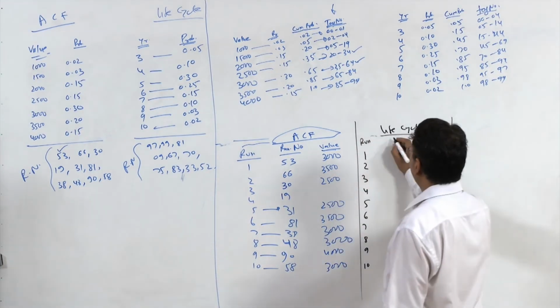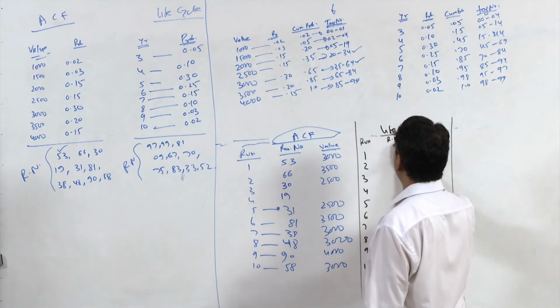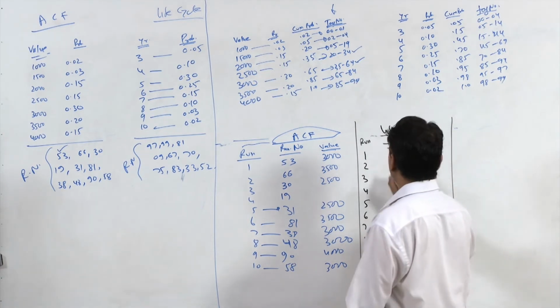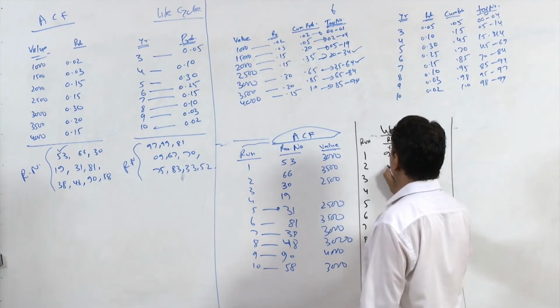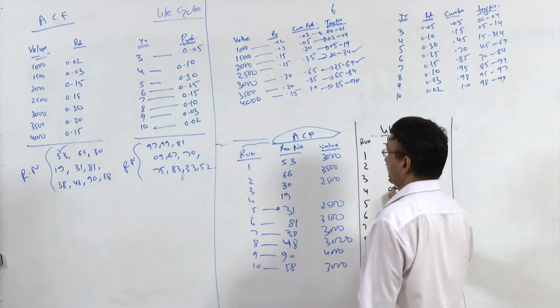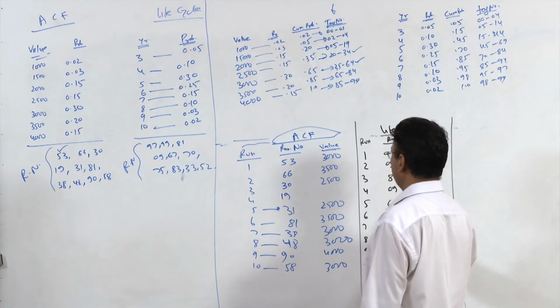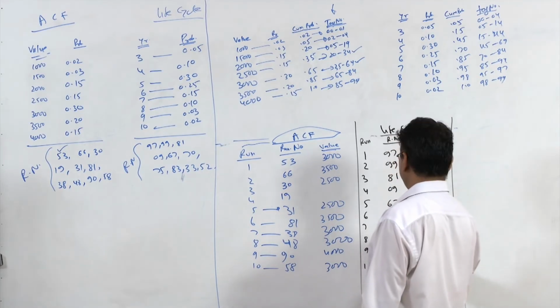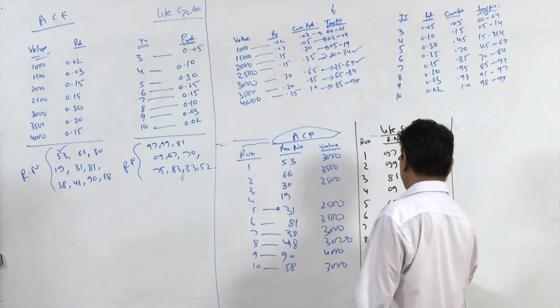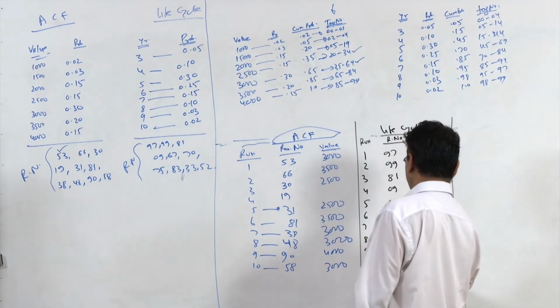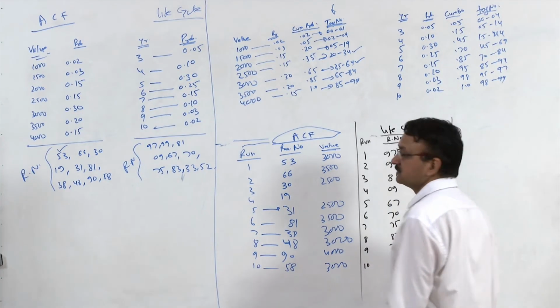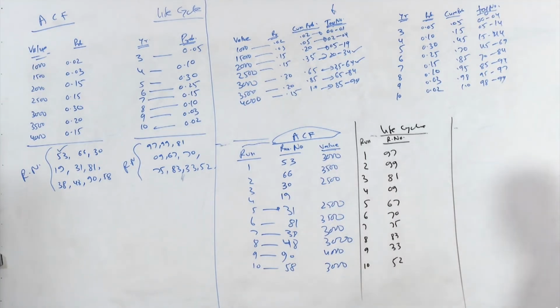What is the random number? You have got 97, 99, 81, 09, 67, 70, 75, 83, 33 and 52. Now what do you want?